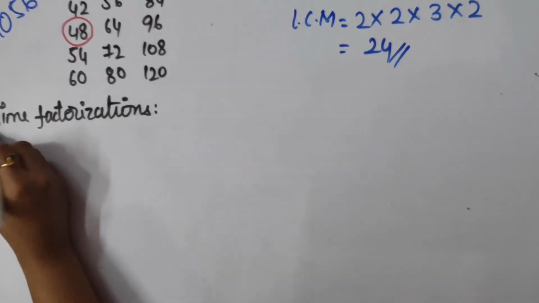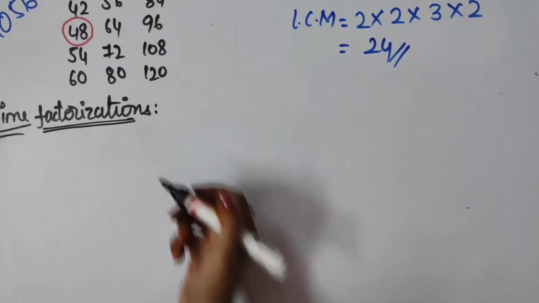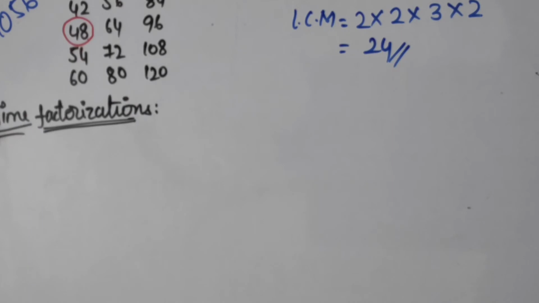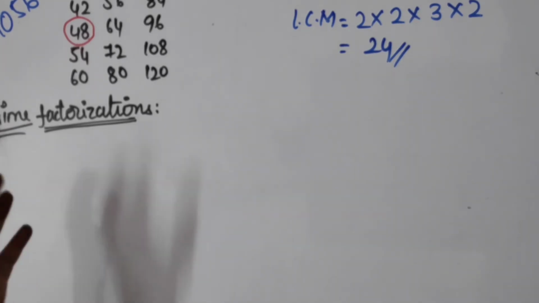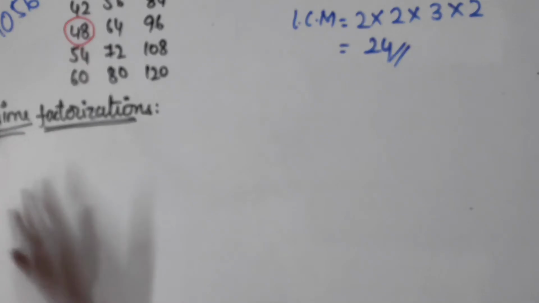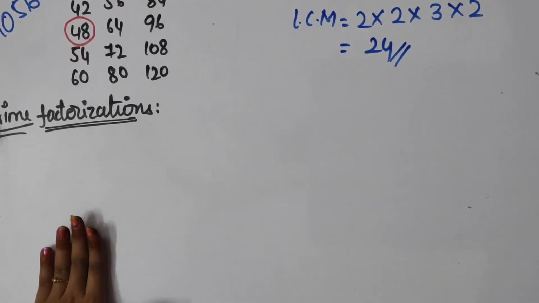People who don't know what prime numbers are, or who want to know more about prime numbers, please go and watch my introduction to complex numbers video. There I have explained what prime numbers and composite numbers are. Once again, let me tell briefly. Prime numbers are the numbers which don't have factors except 1 and itself.